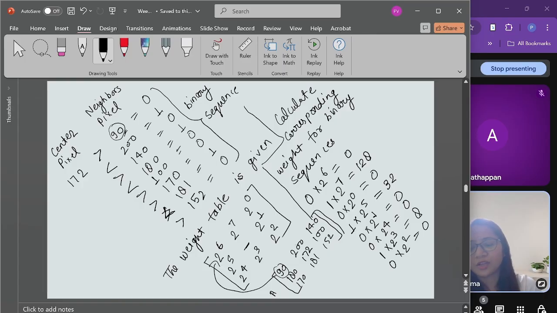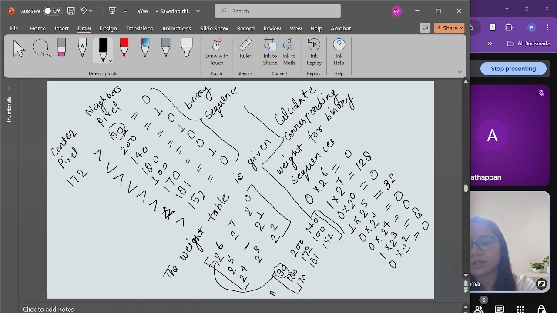So now, how do we calculate the LBP, the local binary pattern code? The local binary pattern is the sum of the weighted binary values. The binary values we have calculated from here, and their weight table is also given.